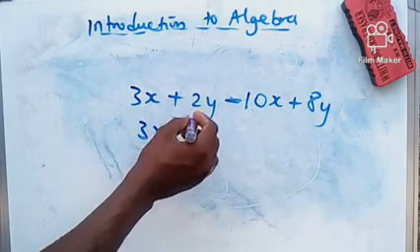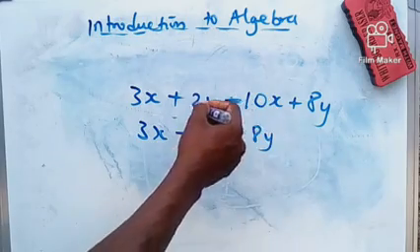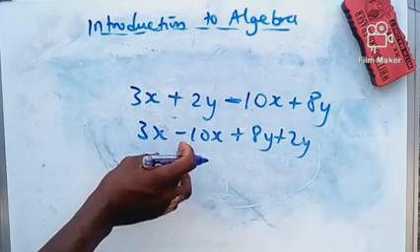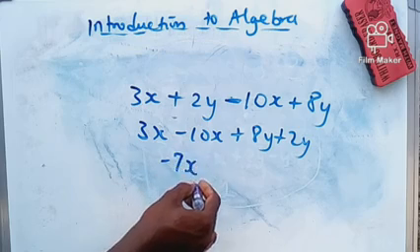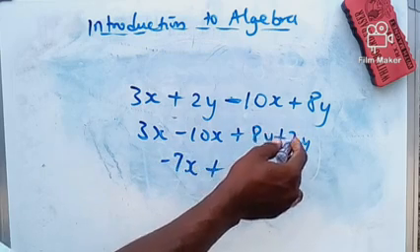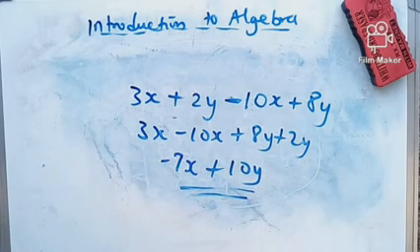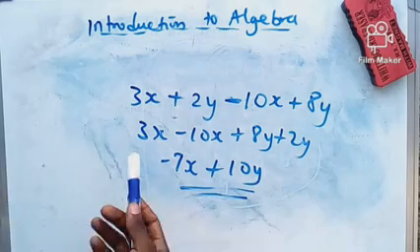You bring them together: 3x minus 10x plus 8y plus 2y. Now what do you do? You subtract: 3 minus 10 will give you minus 7x, plus 8 plus 2 will give you what? 10y. And this is the answer. Now, this is simply a mere simplification.